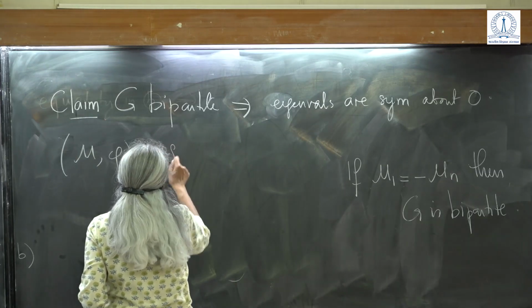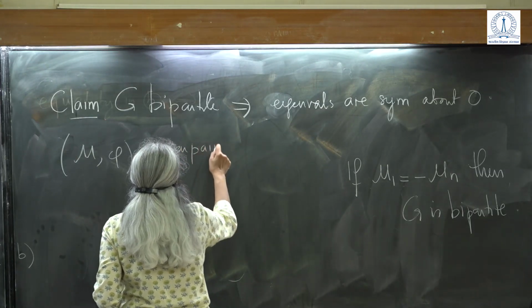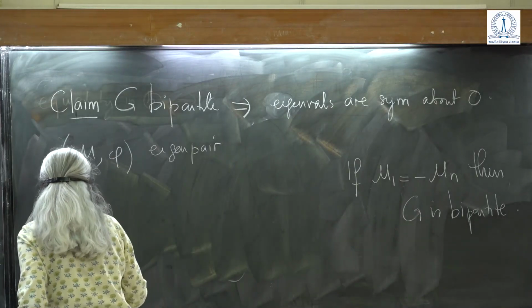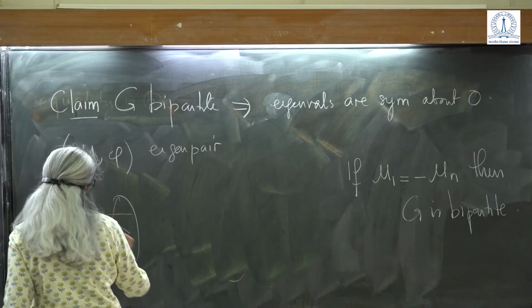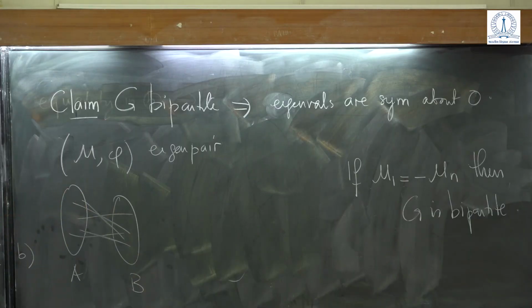And I know that the graph is bipartite. So I know that the graph is broken into this A part and this B part, and all the edges only go like this. Okay? So we're given that. If I want to show that minus mu is also an eigenvalue, do you think we can mess with that phi and produce an eigenvector for minus mu?